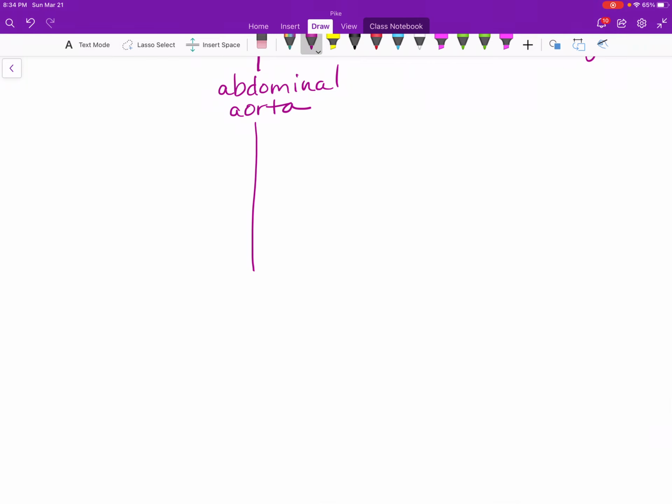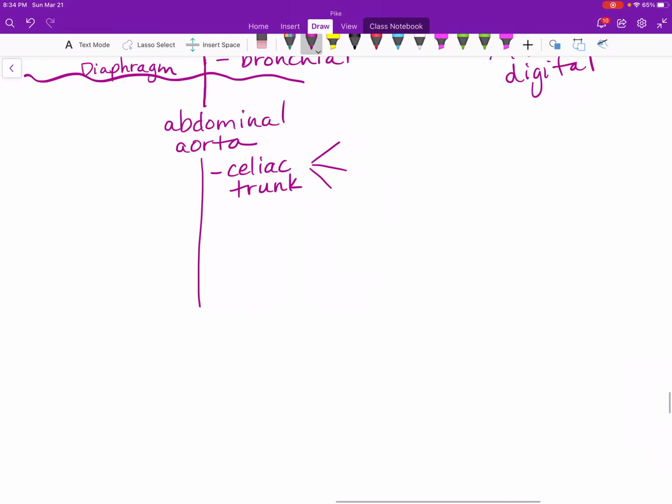We have several branches here because you have a lot of organs that live in this cavity, remember? So first we have something called the celiac trunk. Celiac trunk, it's called a trunk, which means it's about to split even further.